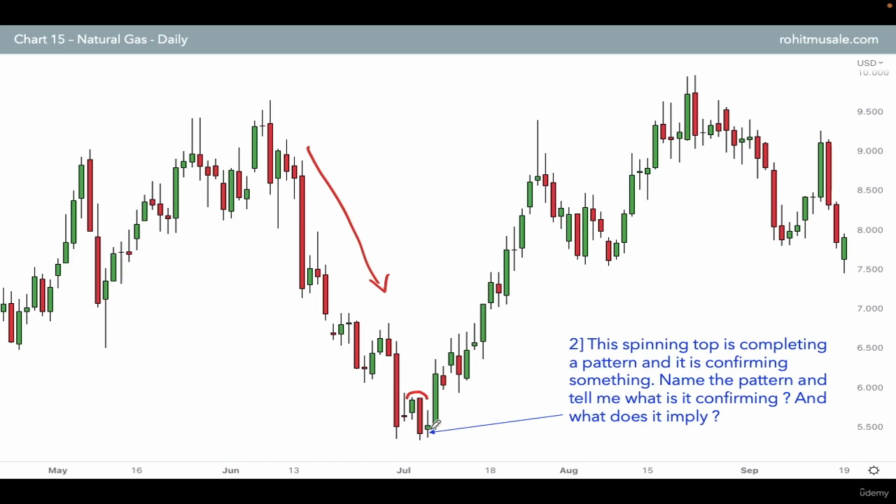So imagine if you would have gone long on that trade, because this is also confirming the support. If you would have gone long on that candle, look what happened. Price went up like crazy, right? That's the benefit of going deep into candlestick knowledge.